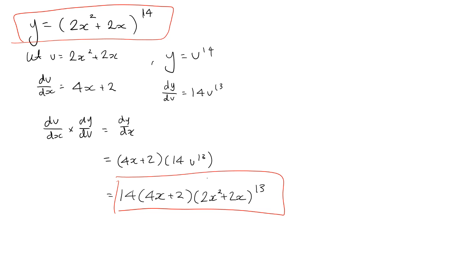Now we'll try the chain rule with rational powers. Okay, so let's say we had y equals 2x plus 2 to the power of 2 on 3. So it's the same step. Let u equal 2x plus 2. So our function would be y equals u to the power of 2 on 3. And we find the derivative.